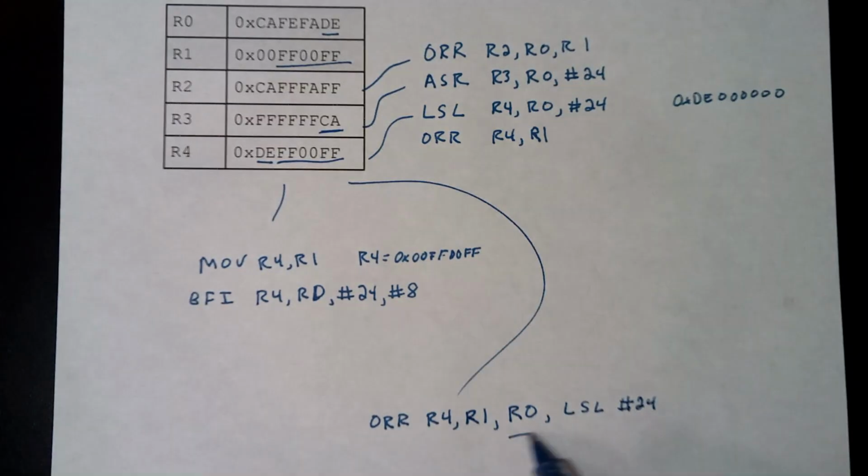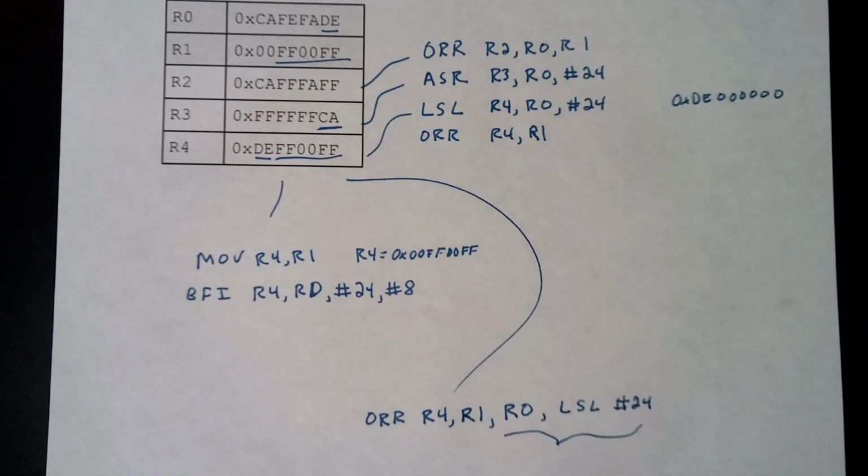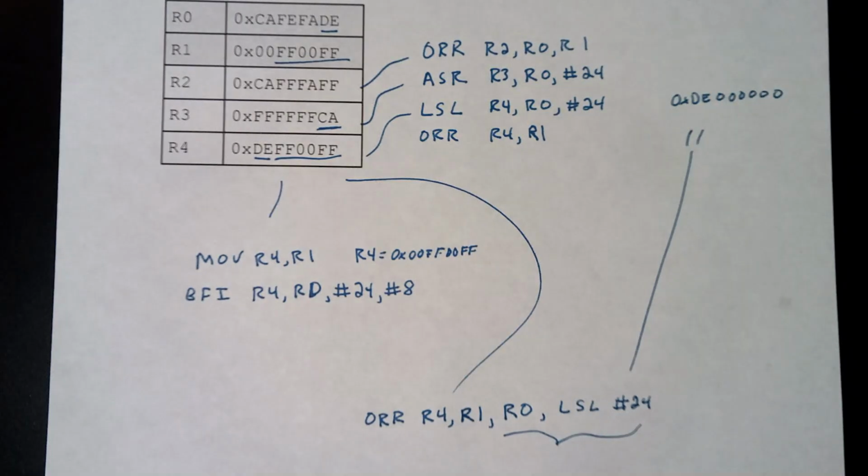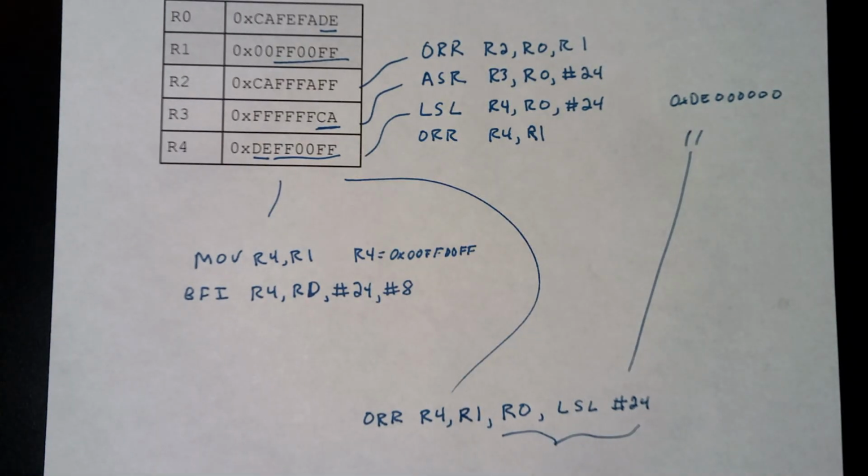These two things are paired together, so R0 is going to get shifted by 24 before we do the OR operation, and that puts it into the right place. Then we're ORing in R1, and that puts it in the result. We can actually do this in 3 instructions if we're clever about using the barrel shifter.